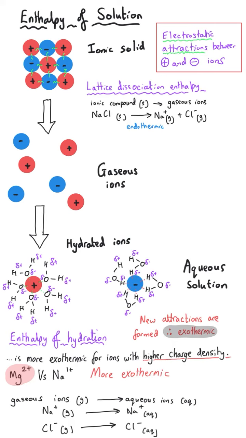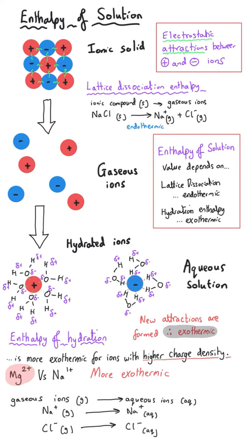The precise value for the enthalpy of solution, and so whether it is an exothermic or endothermic process, depends on the balance between this lattice dissociation enthalpy and the hydration enthalpies. If the magnitude of the hydration enthalpies is greater than the lattice dissociation enthalpy, it will be an exothermic enthalpy of solution.